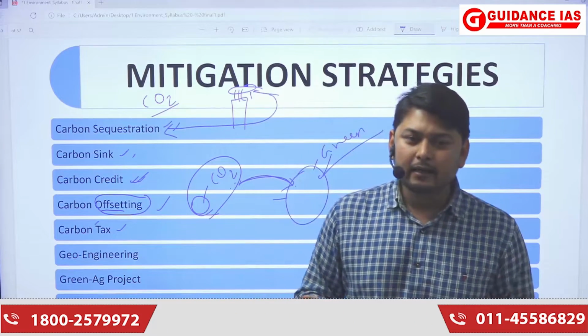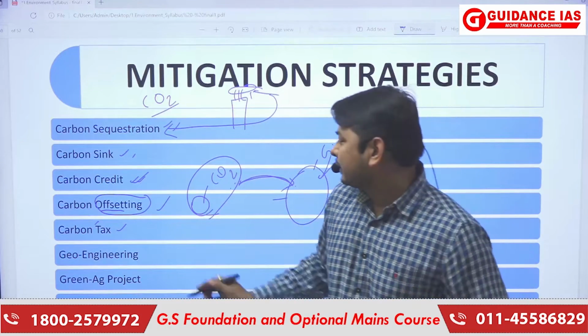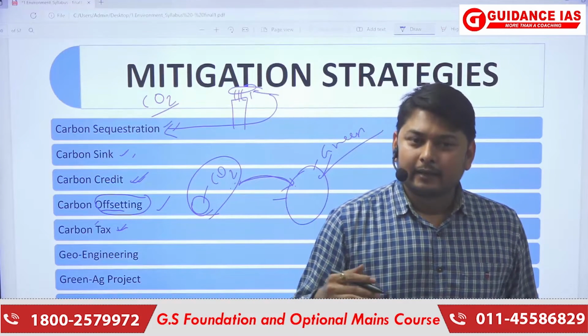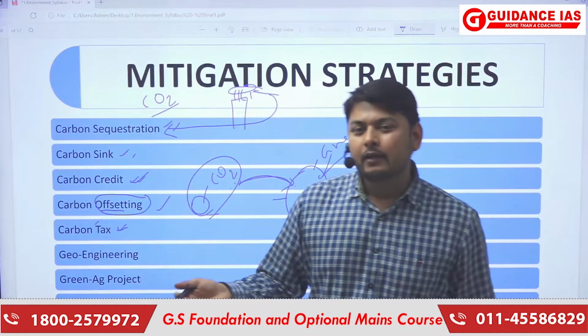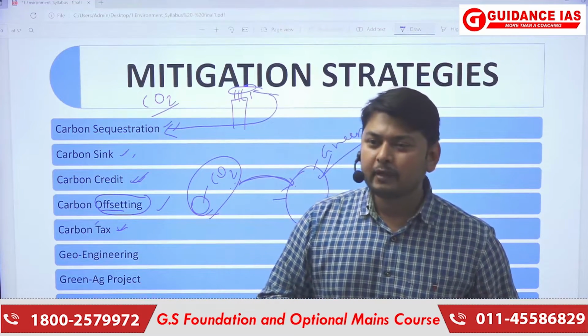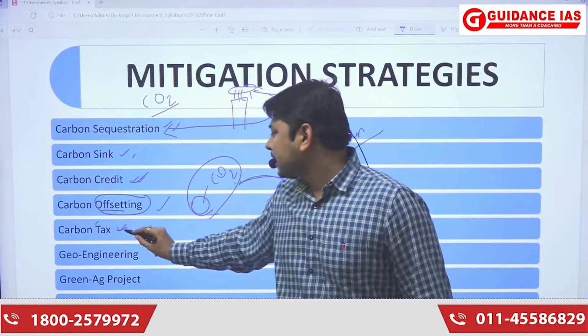So this is a very simple term, that if I put carbon tax, it will lead to a decrease in fossil fuels and an increase in the demand for renewable fuels. So this is carbon tax.